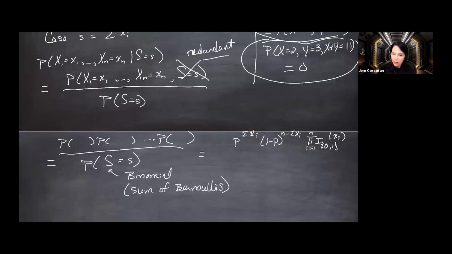Divided by the binomial PDF for the probability s equals little s, which is n choose little s, p to the s, 1 minus p to the n minus s, and then an indicator that says that s has to be in the set 0, 1, 2, up to n.